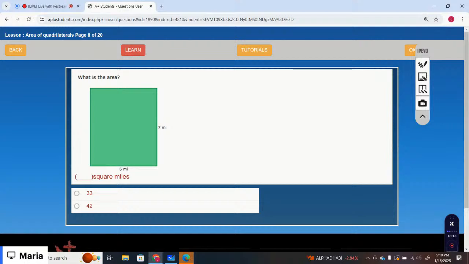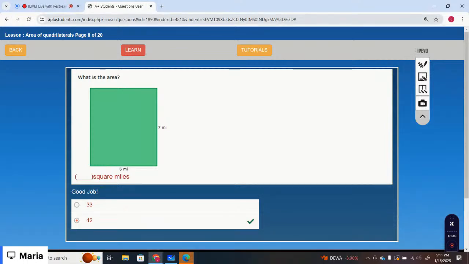What is the area, which is the correct option? That is 7 times 6 equals 42. Option number 2 is the correct option.